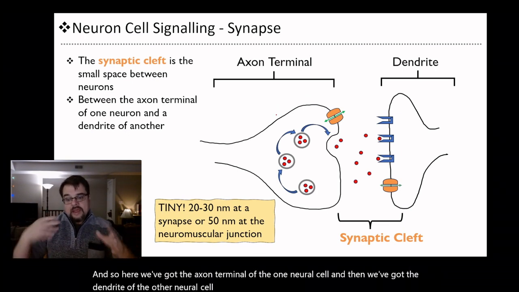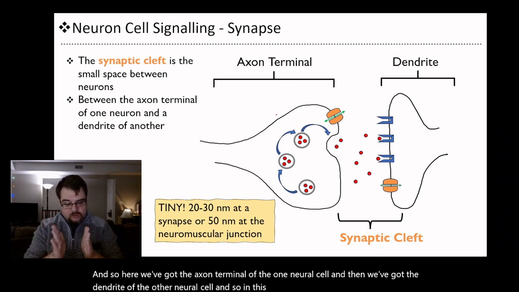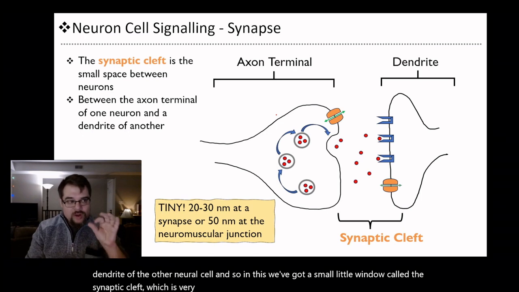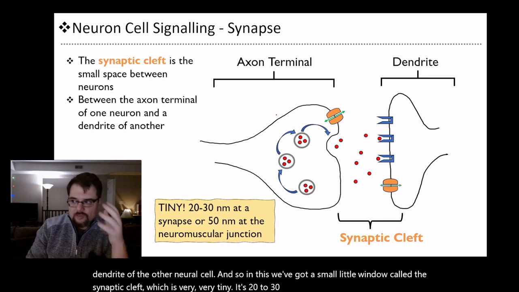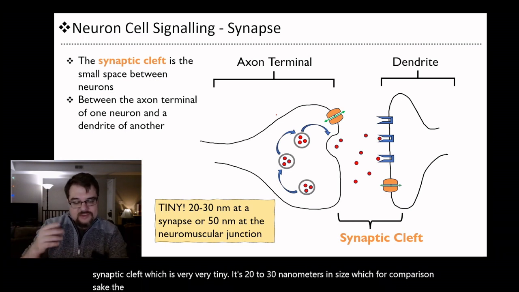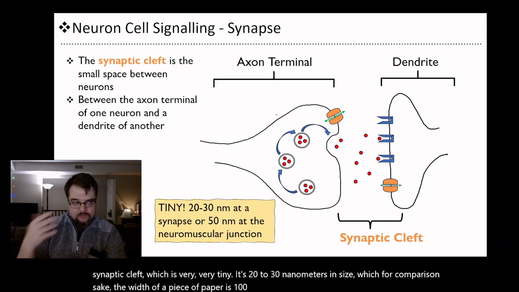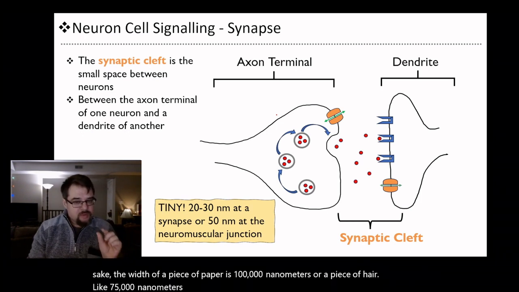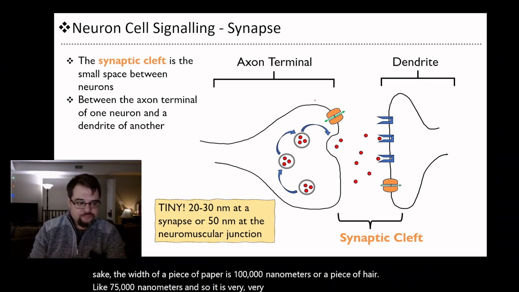The synaptic cleft is a small window, very, very tiny. It's 20 to 30 nanometers in size, which, for comparison's sake, the width of a piece of paper is 100,000 nanometers, and a piece of hair is about 75,000 nanometers. So it is a very, very tiny sliver.